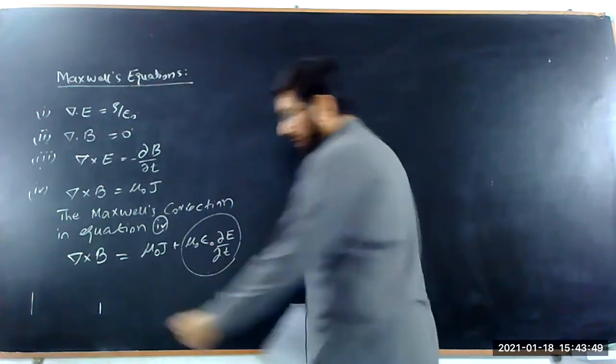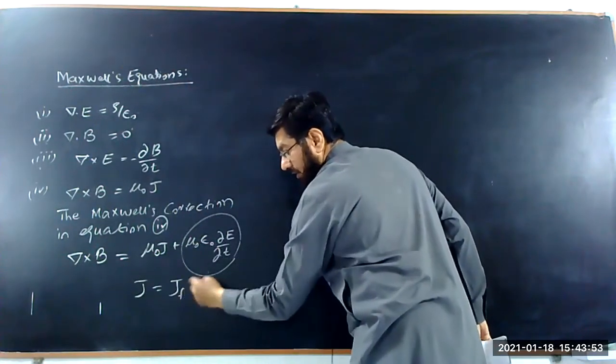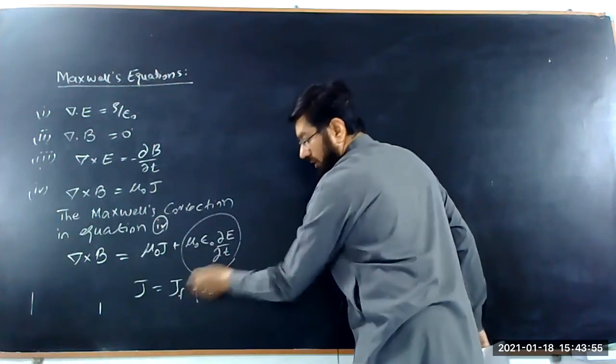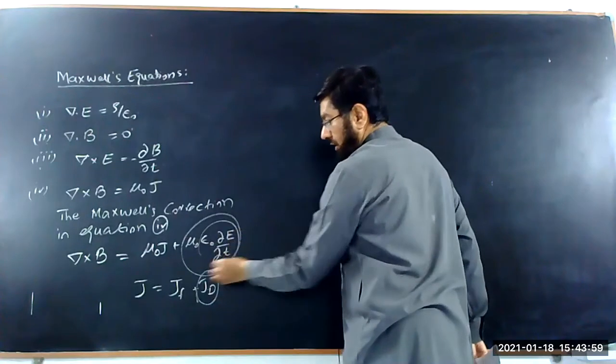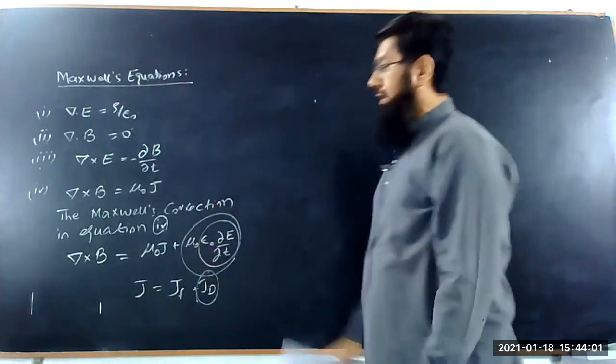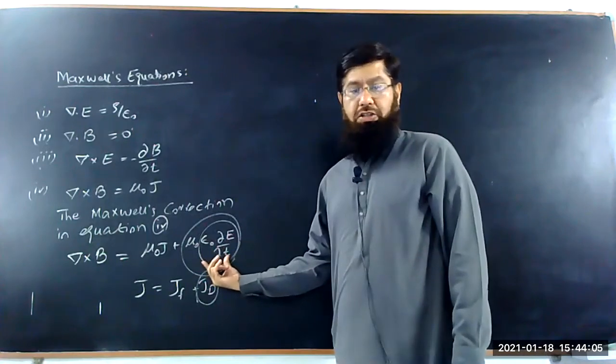So the total current density J is J of C plus J of D. So this is what we have discussed in our last lecture.